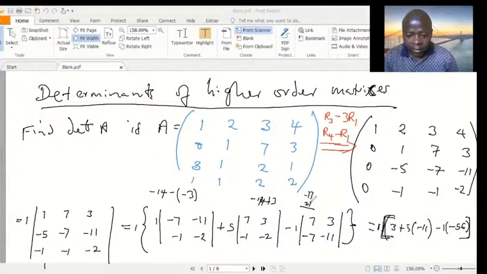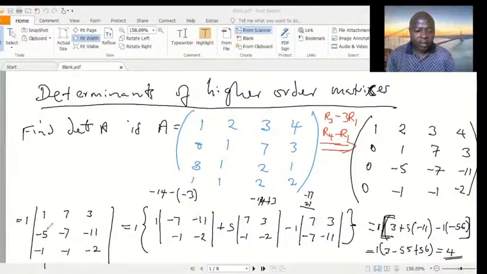That gives you negative 56. So what is the answer? Inside the bracket, I have 3. So you can see, I first of all introduced zeros and made it easier for me to find the determinant.